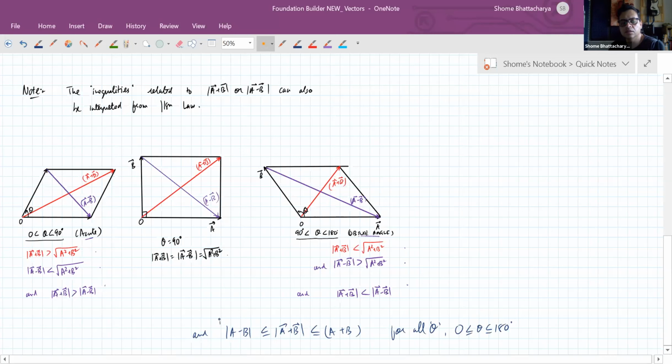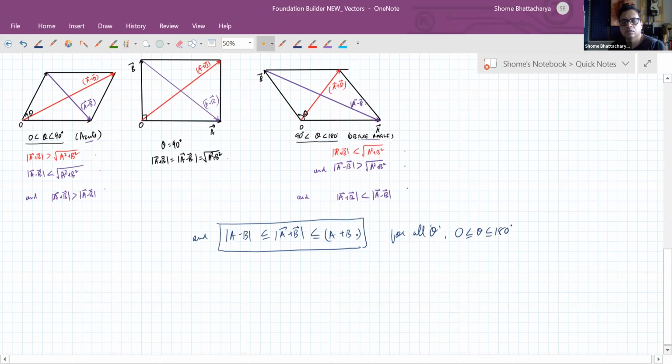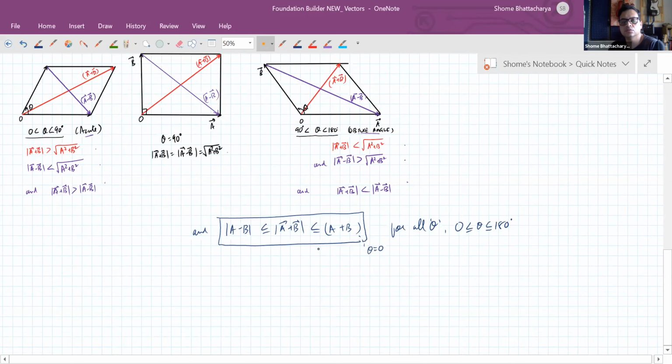This is the general inequality, where this occurs for theta equal to 0 and this occurs for theta equal to 180 degrees. This is the maximum possible value of mod a plus b. This is the minimum possible value of mod a plus b.